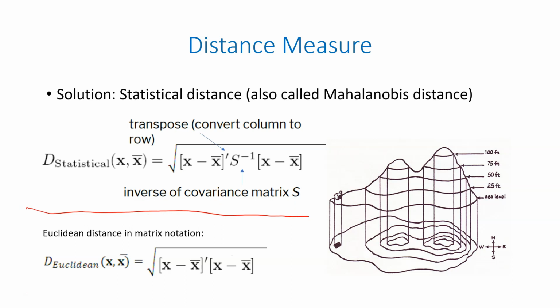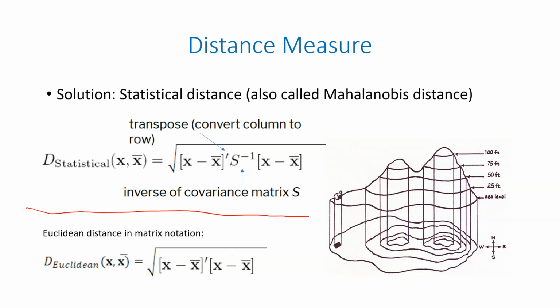The formula shows that statistical distance is the square root of the product of the transposed matrix of the differences between the individual values and the means, the inverse of the covariance matrix S, and the matrix of the differences between the individual values and the means.